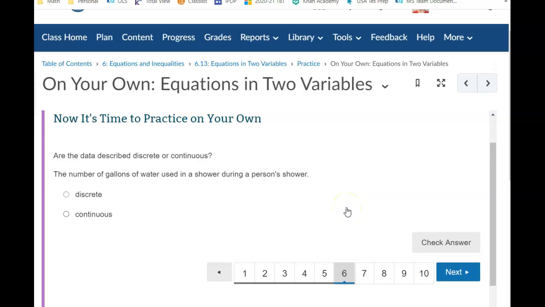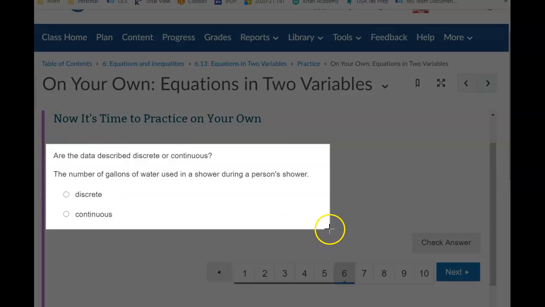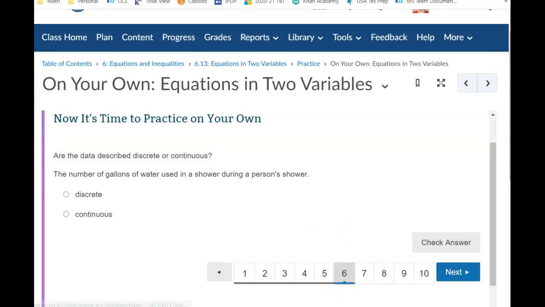Are the data described discrete or continuous? The number of gallons of water used in a shower during a person's shower. The number of gallons of water. So here it gets a little bit murky sometimes.